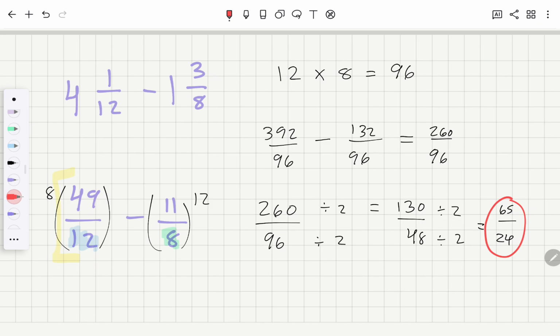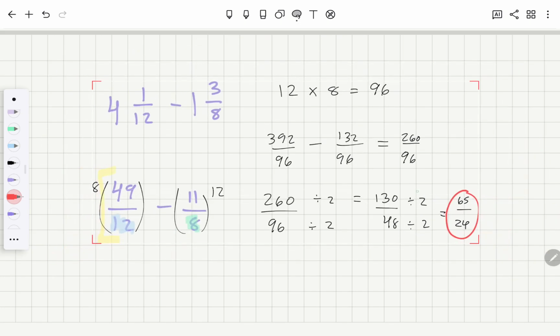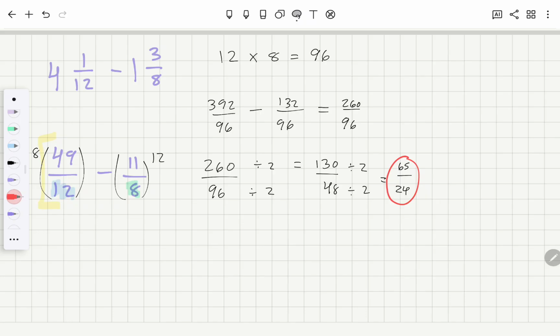So I'm going to rewrite this. I'm going to move all this up real quick. Okay, now let me rewrite it. 65 over 24. I'm going to turn this into a mixed fraction. I know that 24 can fit into 65 2 times.